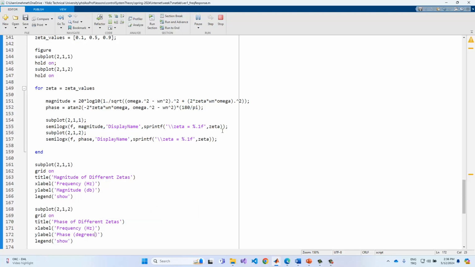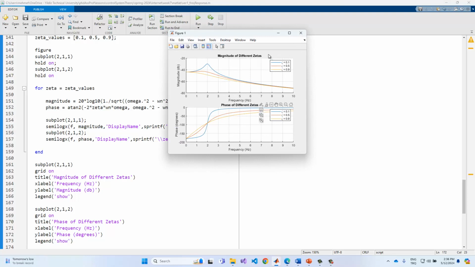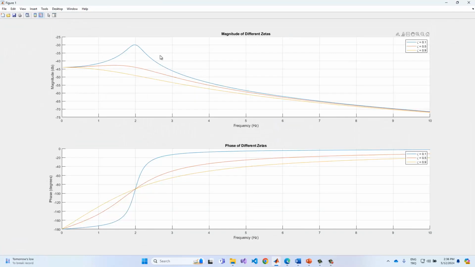So if I run this code, we can see what the difference is between these systems. First of all, the blue line is zeta 0.1.